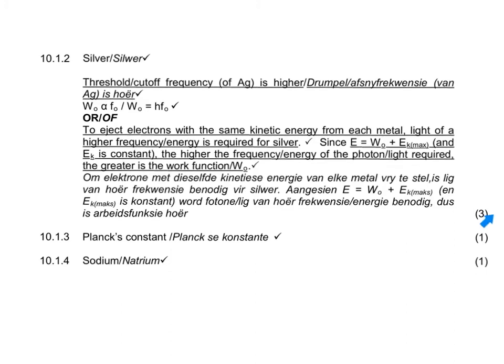It's a 3-mark question, so invariably there's a mark for the direct answer, and then there are 2 marks for explanation. 10.1.3 we've already answered, and the question was, what does the slope or the gradient of those 2 kinetic energy versus frequency graphs represent? And it's Planck's constant.